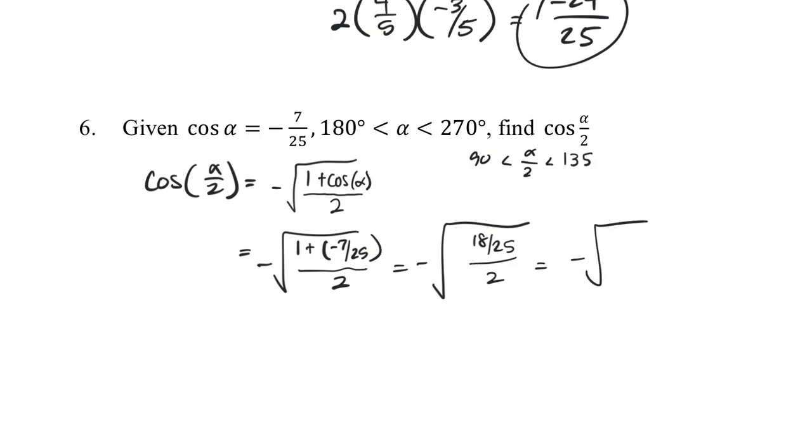So this is 18 over 50. If we simplify that, we're going to get 9/25, which is negative 3/5.